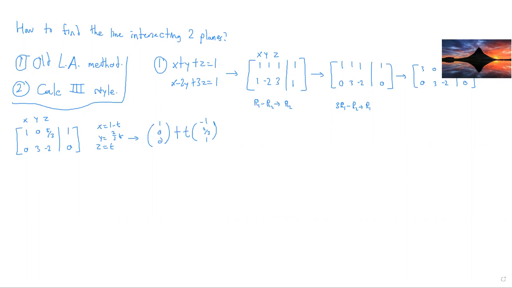All right, so now we have 1 minus 5 over 3 t. So 1, 0, 0 plus t times negative 5 over 3, 2 over 3, 1.